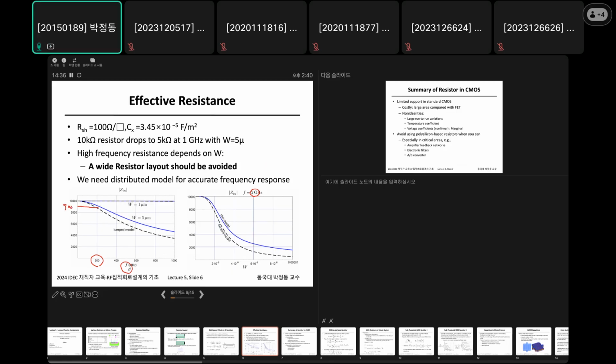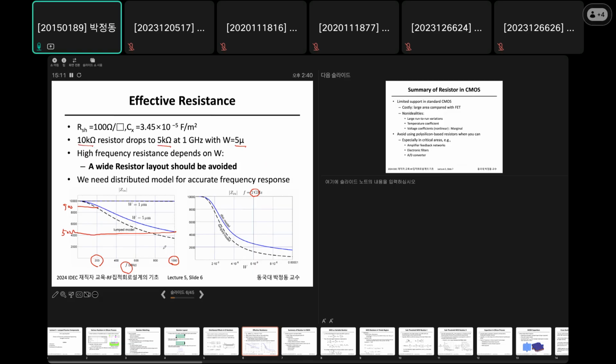However, as the frequency goes higher, at 1 gigahertz, it is barely around 500. So there exists a large dependence on the operating frequency. All of it is caused by distributed capacitance. For example, a 10 kilo ohm resistor drops to 5 kilo ohm at 1 gigahertz with a width equal to 5 micrometers.